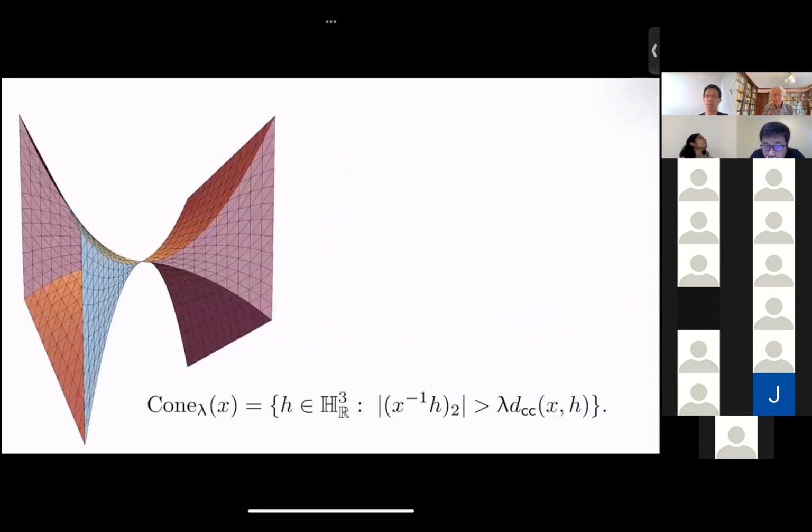A Heisenberg cone departs from its cusp quadratically rather than linearly. I wrote a definition, but this is the analog. If instead of the Carnot-Carathéodory metric, you wrote the Euclidean metric, this would be a double cone. But because of this square root behavior that I wrote, this double cone departs from its cusp much faster, quadratically rather than linearly.